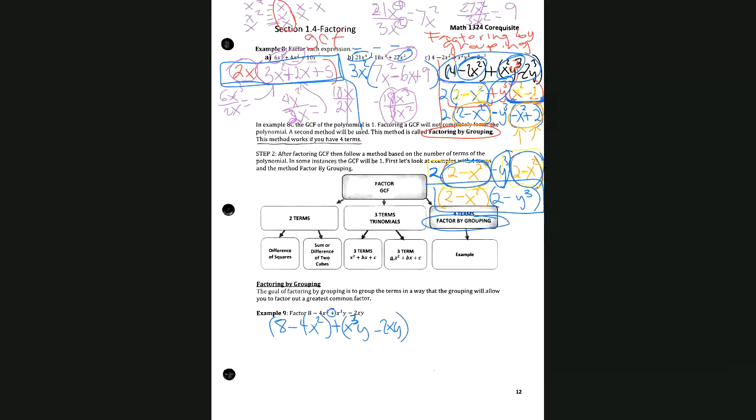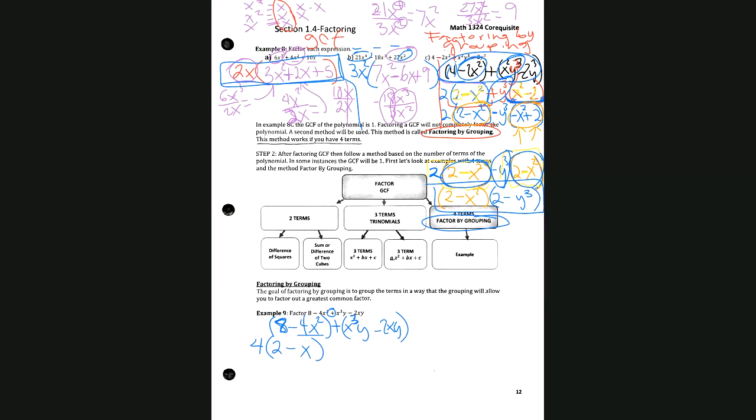So now I'm going to factor the GCF out of each group. In this case, it will be 4. 8 divided by 4 is 2. And negative 4x squared divided by 4 is negative x squared.